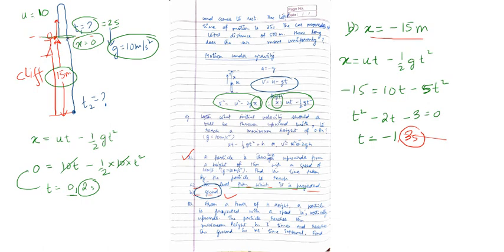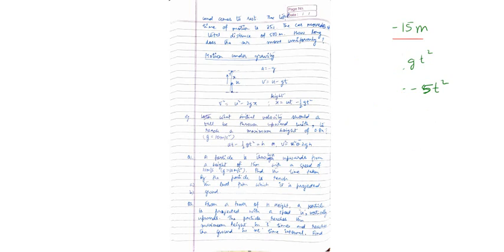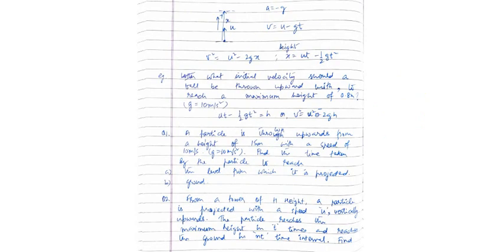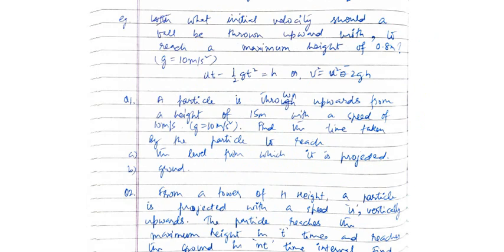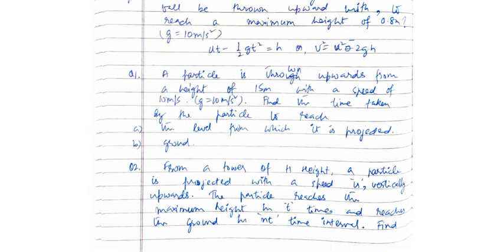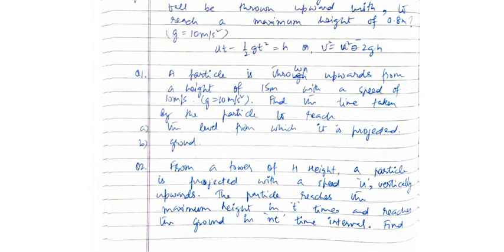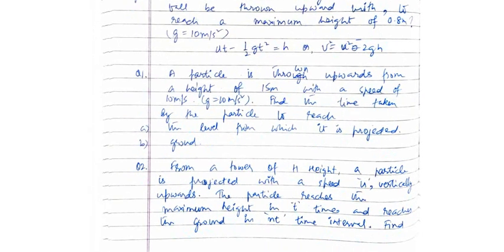Okay, so let us jump to our next question. In our next question, we are basically given a tower of height h, a particle with a speed u is projected vertically upwards.